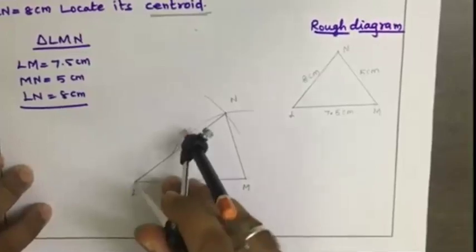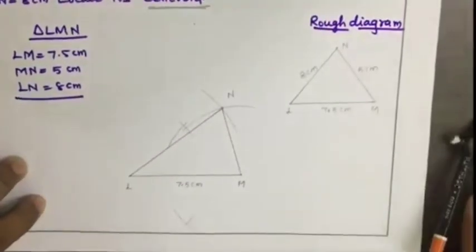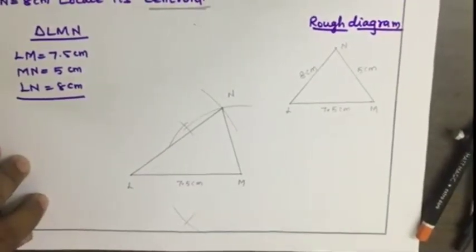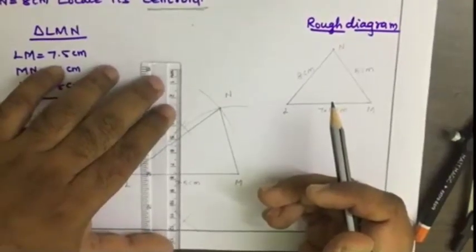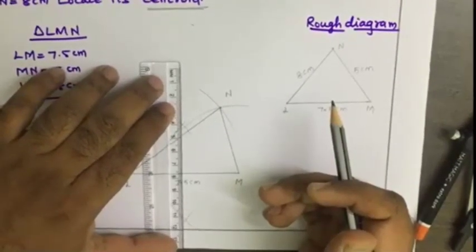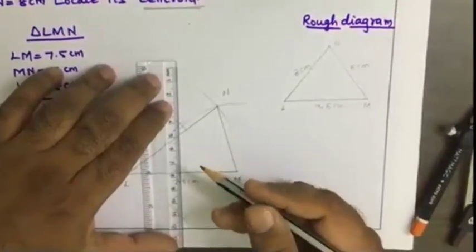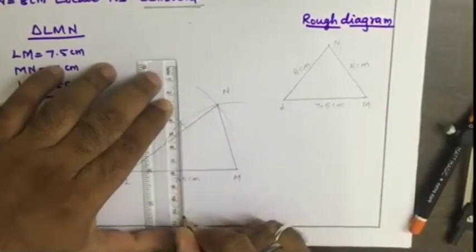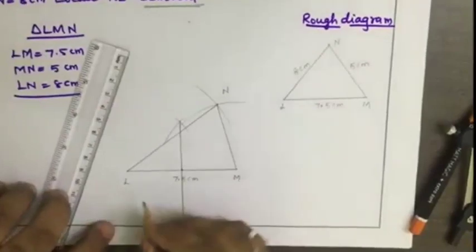Next with center point L, intersect the two arcs. Now draw a straight line through the intersecting points of the two arcs. The straight line is the perpendicular bisector of LM. That point is also the midpoint of LM.